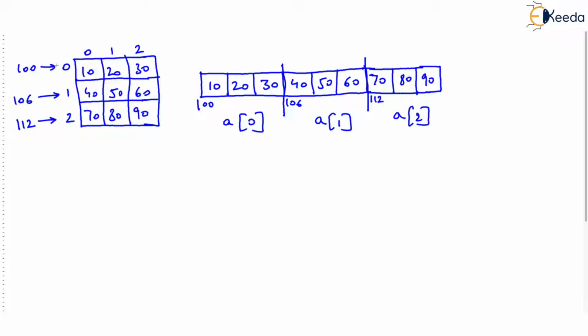Now I have assumed that row 0 starts at address 100. So obviously if row 0 starts at address 100, then row 1 will start at address 106. Why? Because as usual, we are going to assume that every integer consumes 2 bytes.